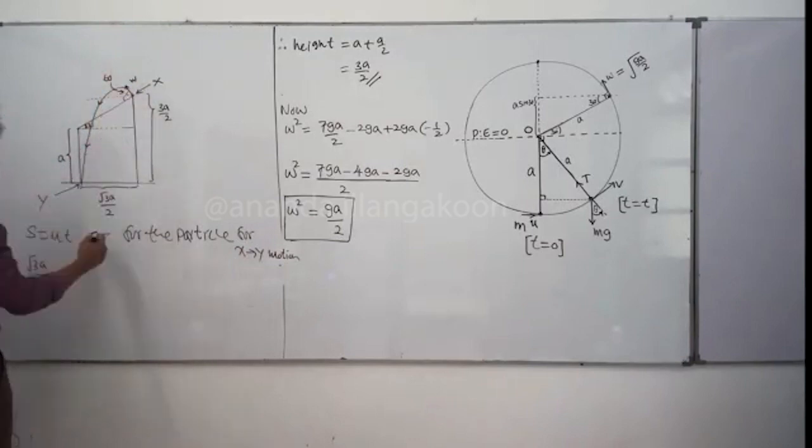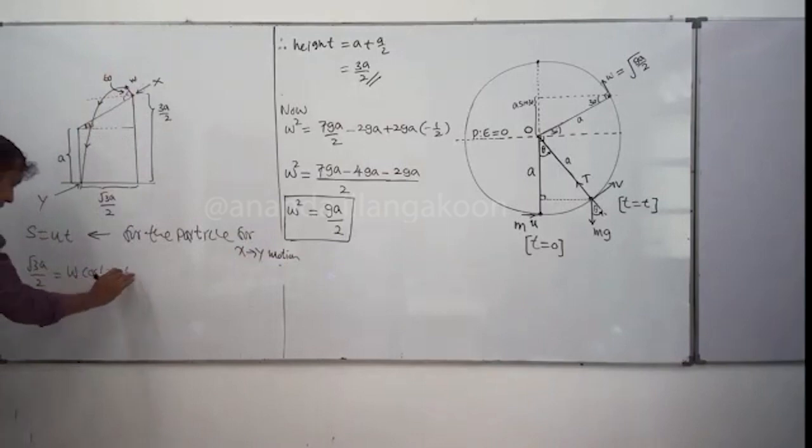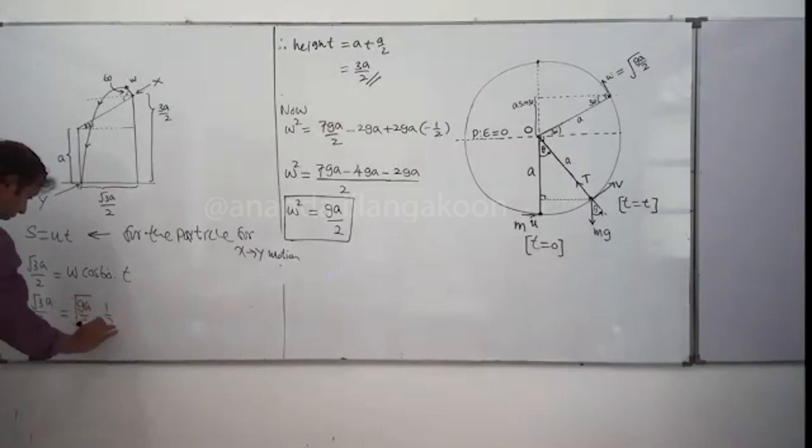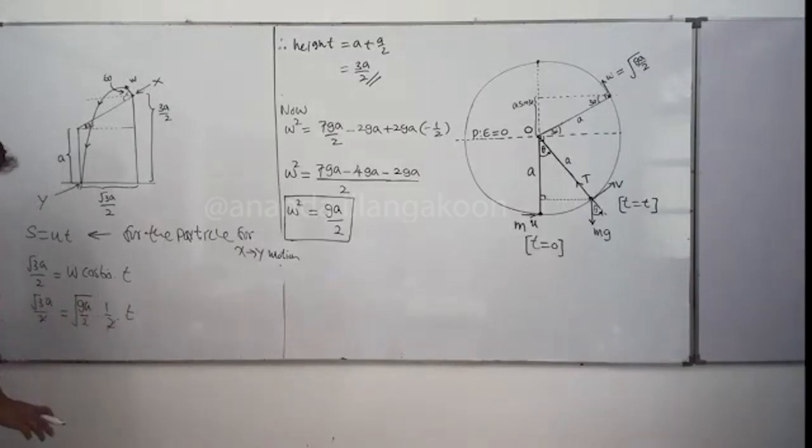W cos 60 into T. W, it's root GA by 2, cos 60 half, time T. This and this you can cancel down. By this root 2, when you multiply this, we get root 6.